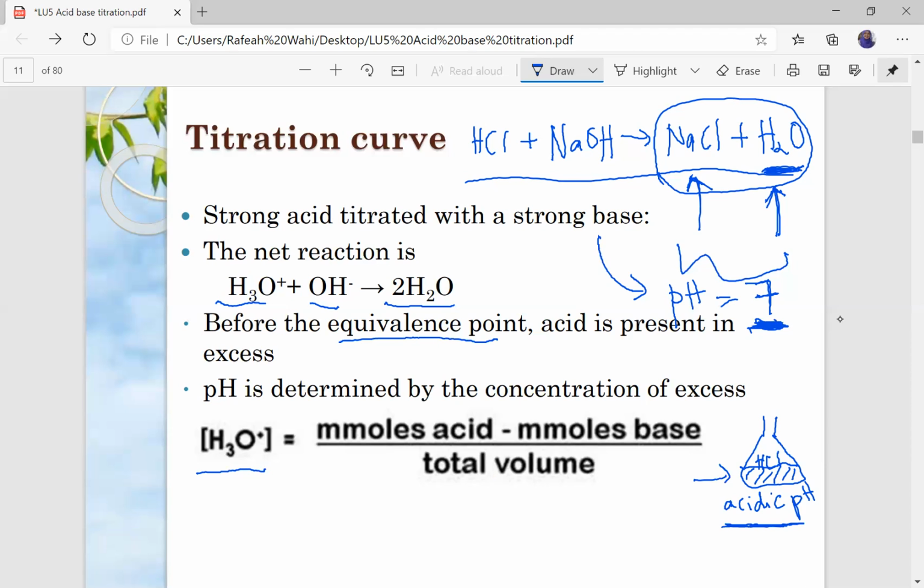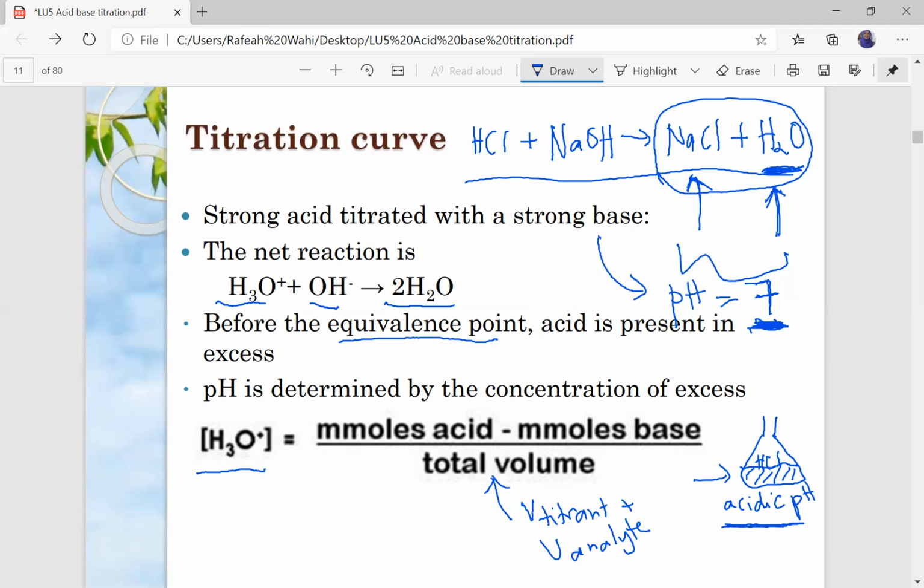Total volume here represents the volume of titrant plus the volume of analyte. Just take note of this because after this we will look into an example for you to see this clearer.